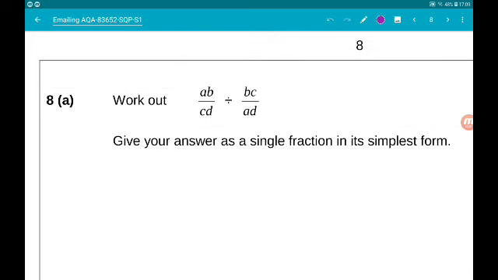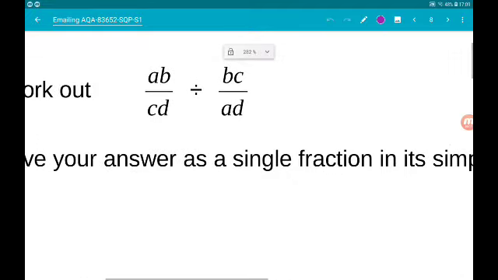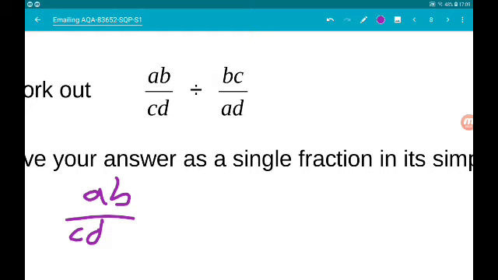Question 8a wants us to work out AB over CD divided by BC over AD, giving our answer as a single fraction in its simplest form. So, when you divide by a fraction, you flip it over and times by it.